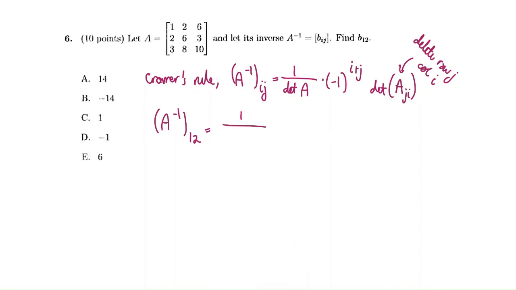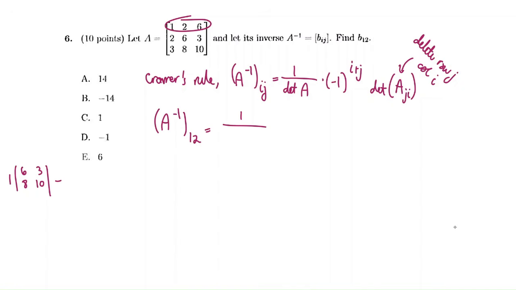So first we need to find the determinant of A. So I'll just do cofactor expansion along this row. Remember the checkerboard, so we have 1 times the determinant of 6, 3, 8, 10, deleting the row and column of the entry.